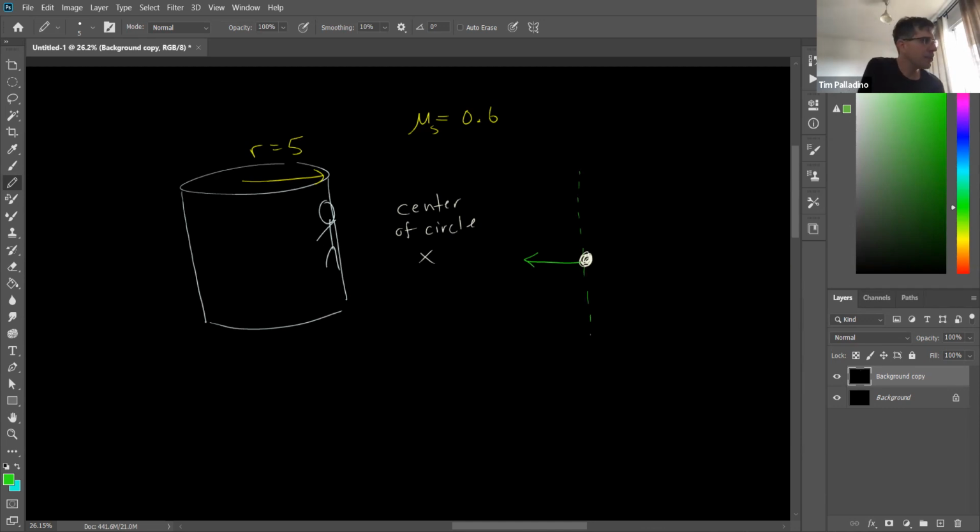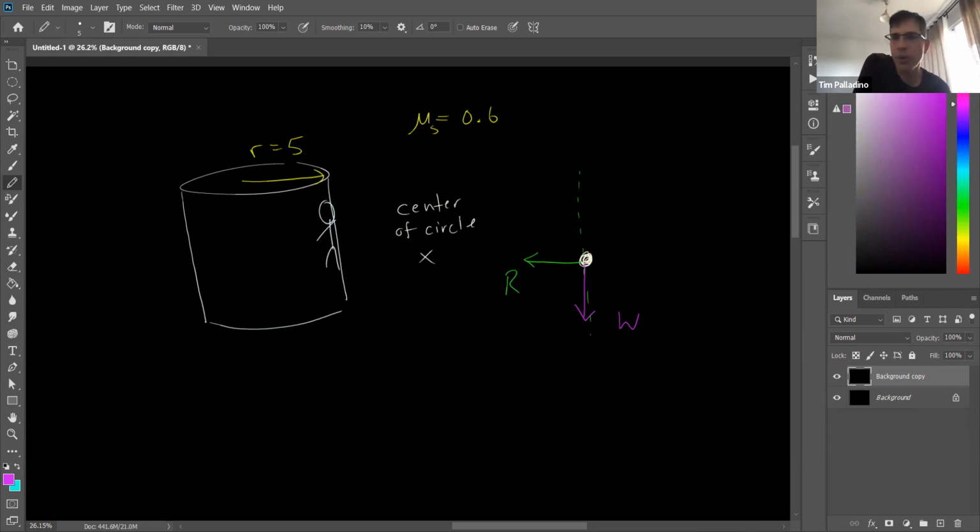So let's call this R. What are the other forces acting on the person? Whenever you have a person or a thing with mass, there's going to be weight force, very good. Weight is in the downward direction, we'll call it W.